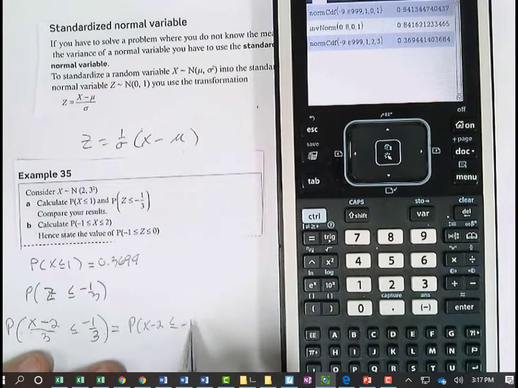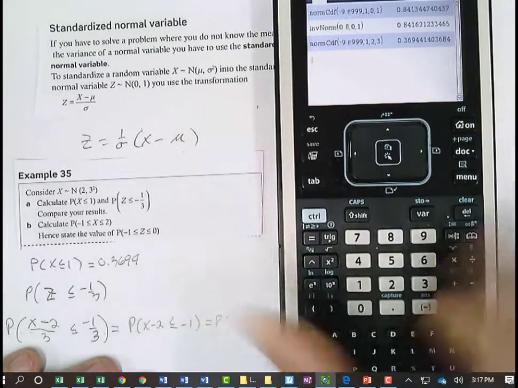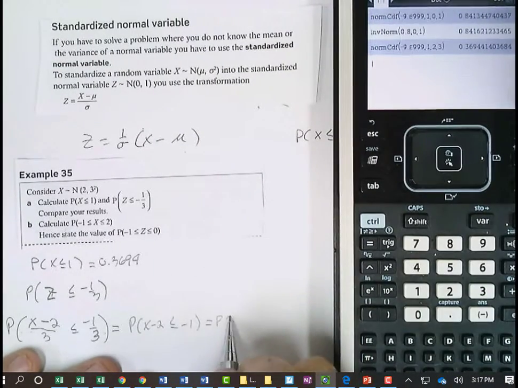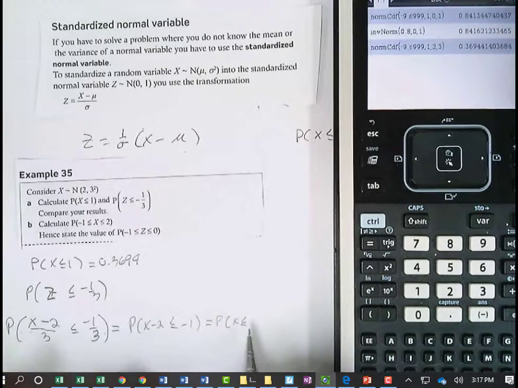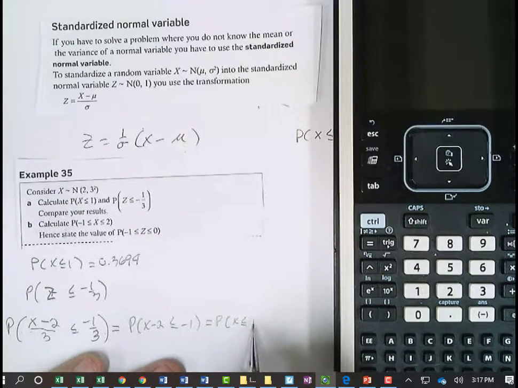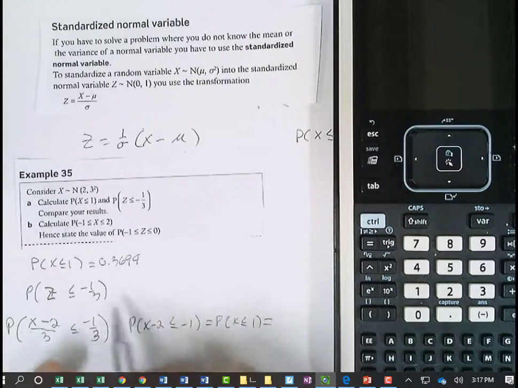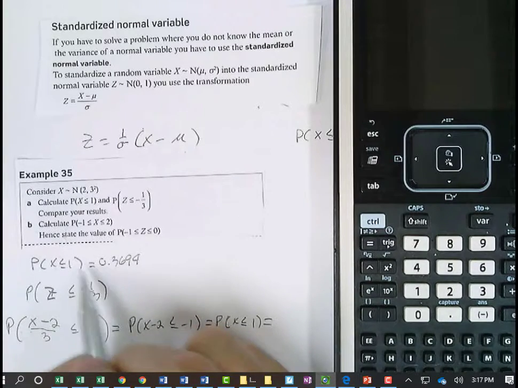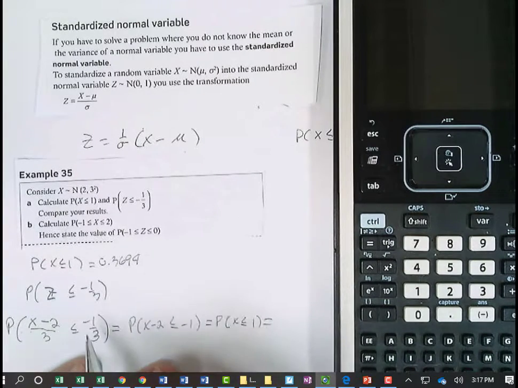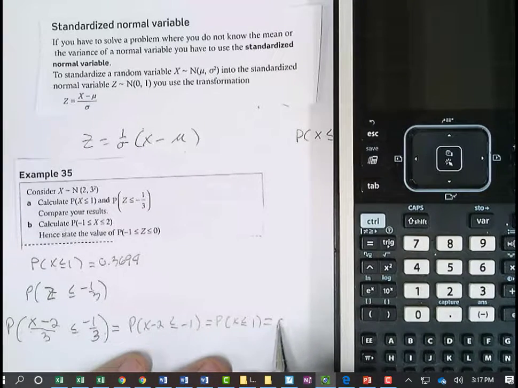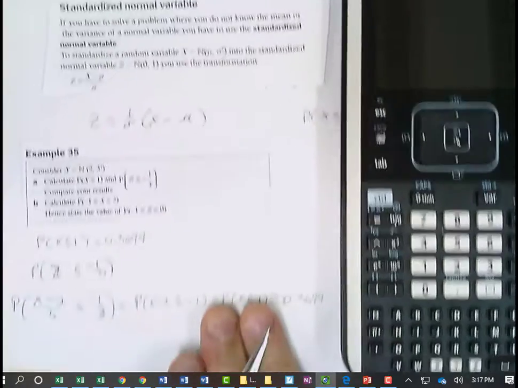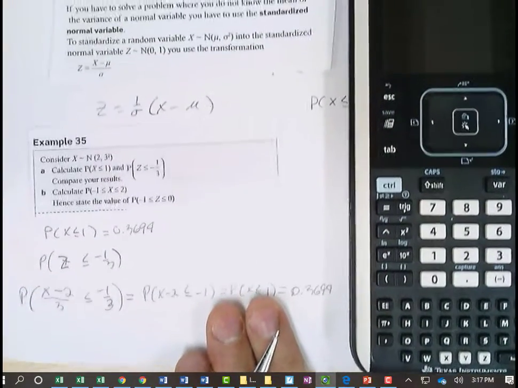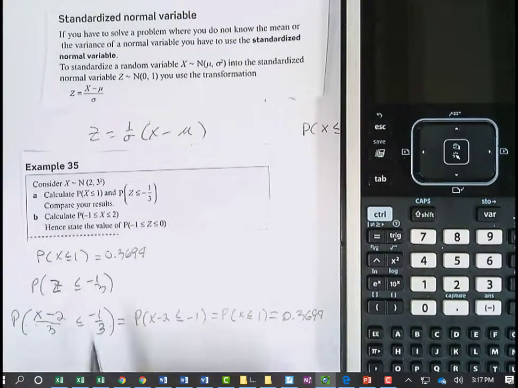And then I add 2, and I get the probability that x is less than or equal to 1, and you can see it comes out to the exact same thing that I have up here. Now that I standardized it, I can say that this is equal to 0.3694, right?